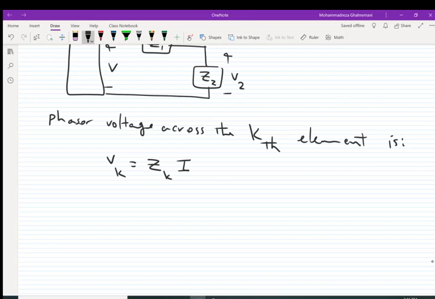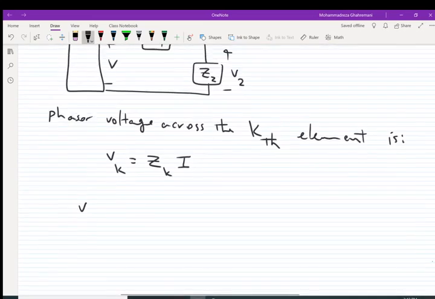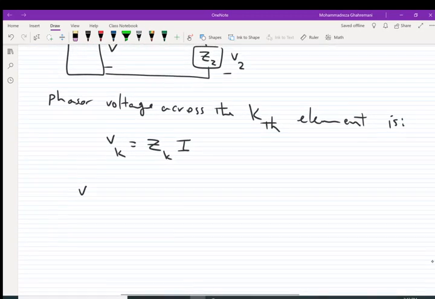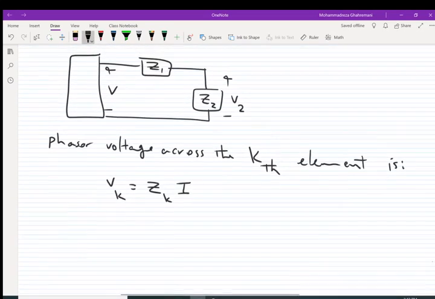And in order to find the voltage across, for example, element number 2, this element, by the way, when I say it's Zk times I, I want to do one more thing.